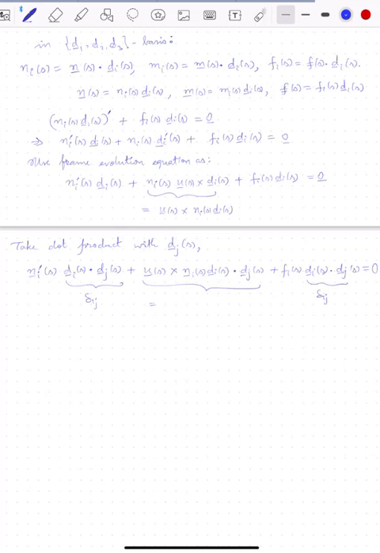It is as if what we are doing is u of s, this small vector here, cross n vector of s, dot b_j of s.